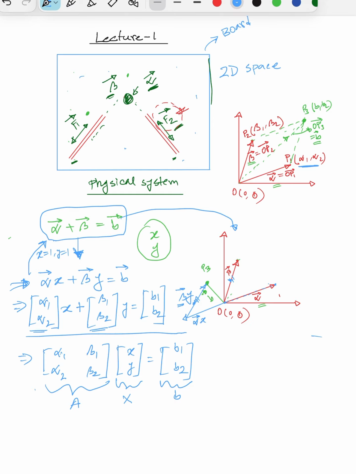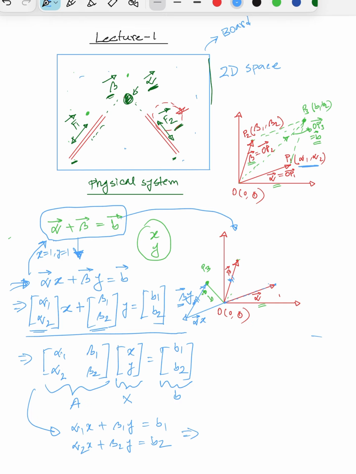And we can always get this by using simple matrix multiplication: alpha 1x plus beta 1y equal b1, alpha 2x plus beta 2y equal to b2, and this turns out to be the same equation, but this one we can always write in this way.